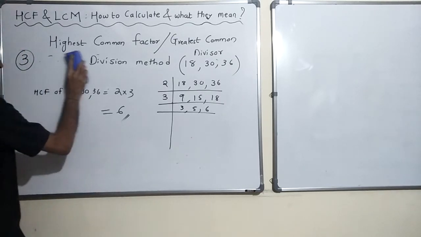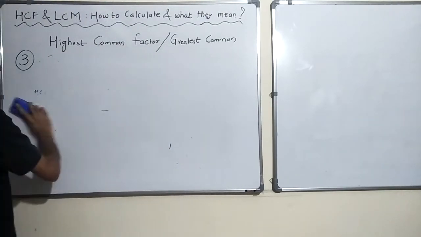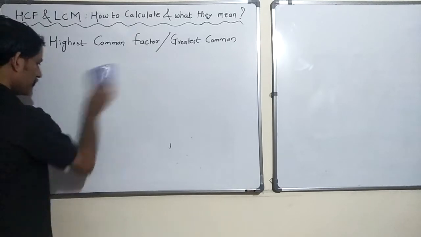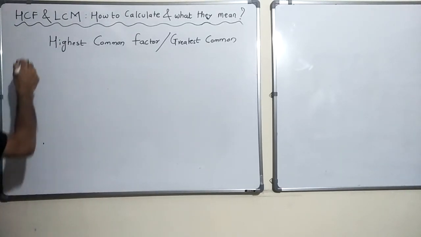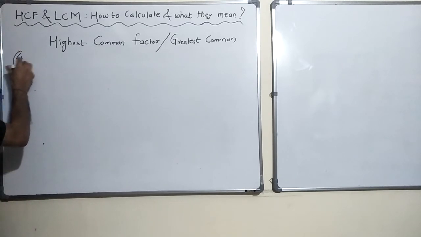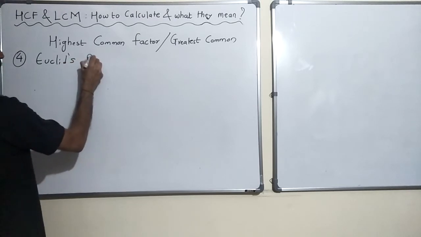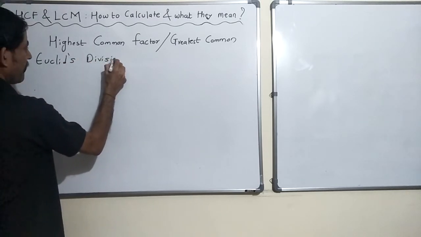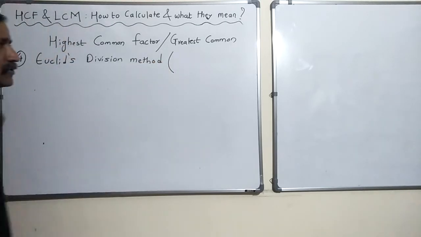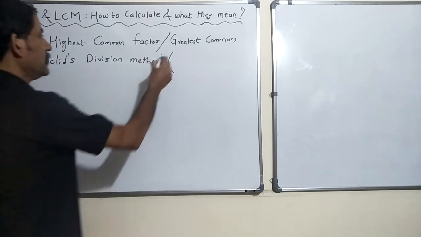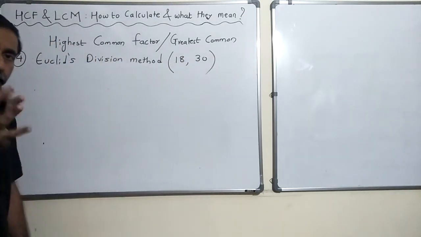All right. Now let's explore the fourth one. It's called Euclid's division method. Using Euclid's division method, let's find out the HCF of 18 and 30.